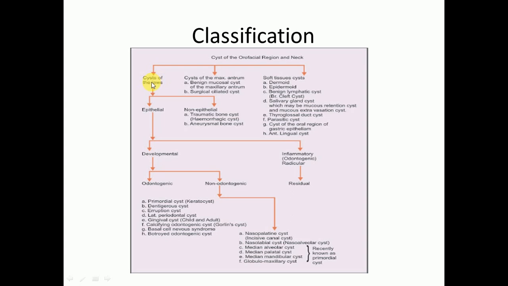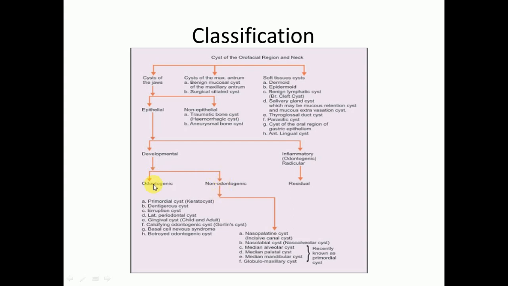Then we have the cysts of the jaws, which may be epithelial and non-epithelial. The non-epithelial, also known as pseudocysts, include the traumatic bone cyst and aneurysmal bone cyst. The epithelial, which is a true cyst, is further divided into developmental and inflammatory. Inflammatory will contain the radicular and residual cyst, and developmental will be further divided into odontogenic and non-odontogenic.